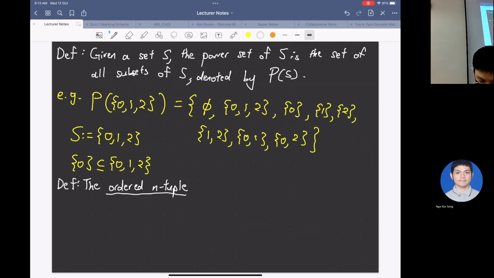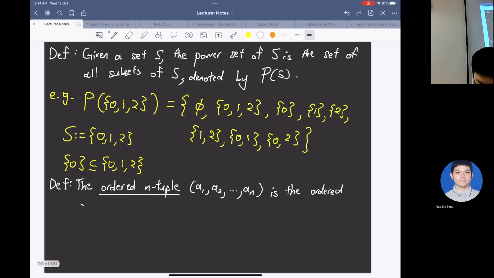Actually, this one is familiar to you, like the xy coordinate, but I introduce it as a generalization of that. So it's a round bracket (a1, ..., an). It's an ordered collection, meaning the order is very important. If you switch the order, it may represent different elements.